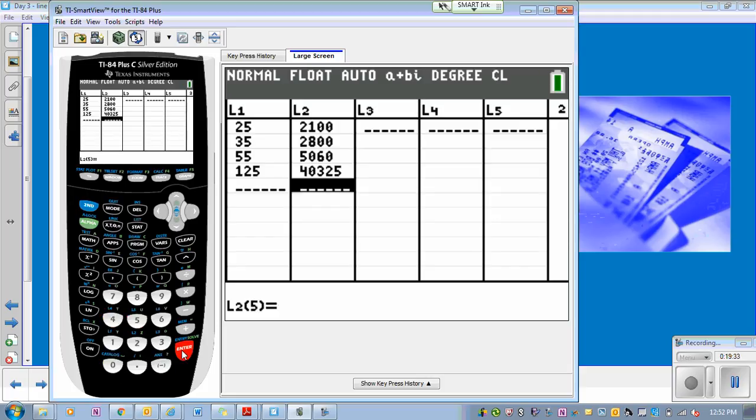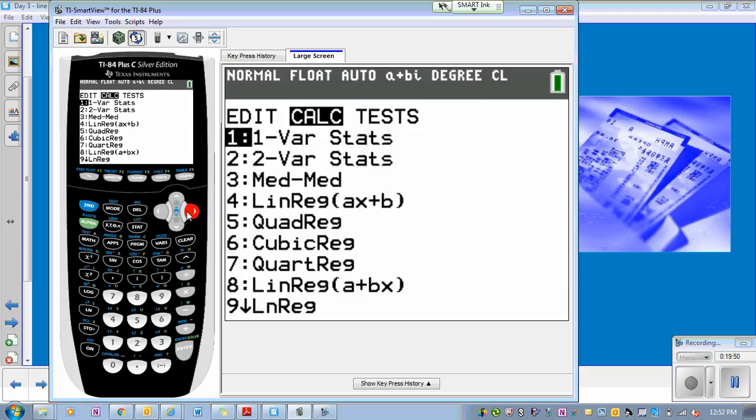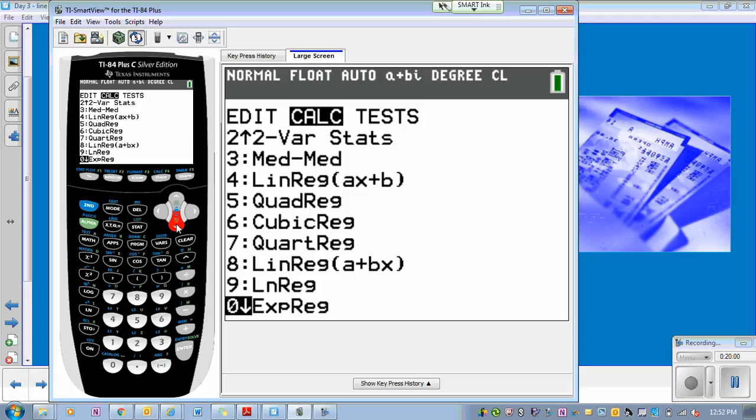All right, I can see I have 4 in my L1, 4 in my L2, and all of my points are correct. The first one I'm going to check is exponential reg, because A and B are both exponential equations. So I'm going back to stat, tabbing over to calc, and hitting exponential reg, which is 0.